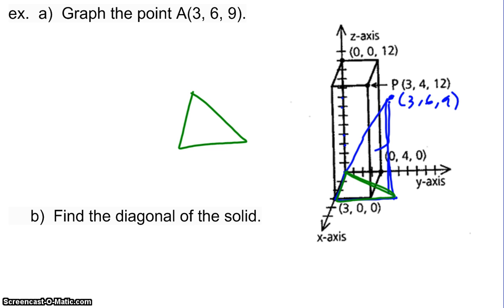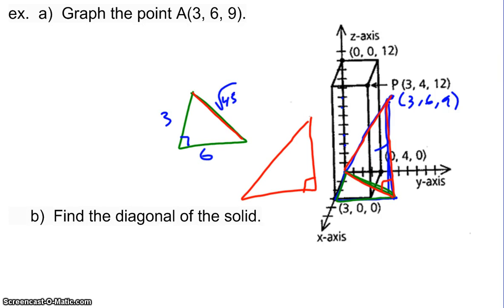And then after we find that side, we can then use the height that we have in order to find the diagonal of the entire thing. Well, in order to do that of the base, we have dimensions of 3 and 6. So we can use Pythagorean theorem to find out that 36 and 9, we get the square root of 45, which simplifies to 3 root 5.